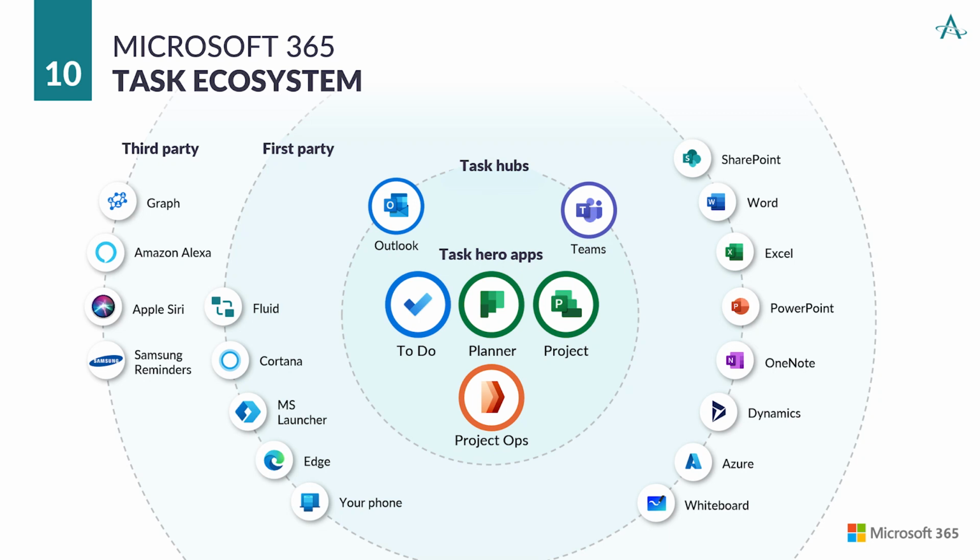Do I need a sledgehammer? Do I need a framing hammer? Maybe it's a ball peen hammer, a rubber mallet, or maybe I'm just putting a little brad in the wall. I just need to tap that in so I can hang a picture on it. But all of them are providing similar functionality. And that's where M365 starts to weave that tapestry of task management and work management together for you, helping to optimize that.